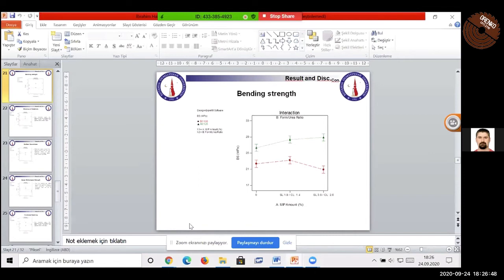Formaldehyde and urea mole ratio was found statistically effective on the bending strength, and 1.25 mol resin groups show better bending properties than 1 mol resin.